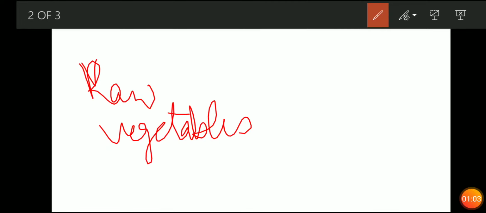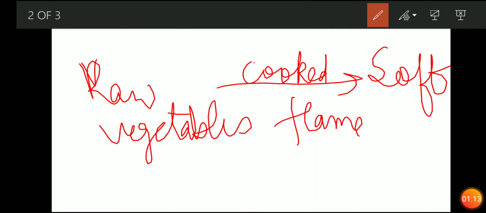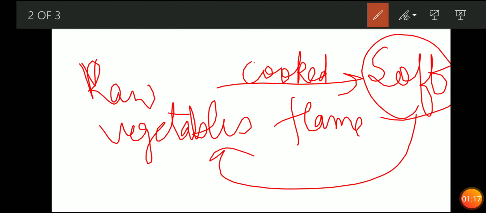When these raw vegetables are cooked, meaning you keep them on a flame or heat them up, they become soft. This softness cannot be regained back into the raw vegetable form. So this is a chemical reaction, or a chemical change.